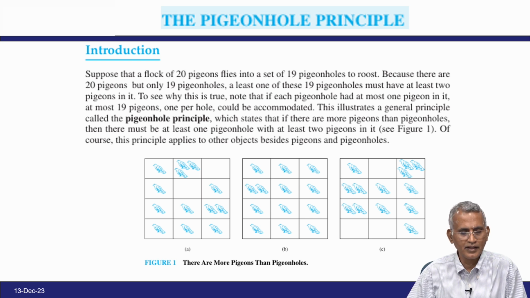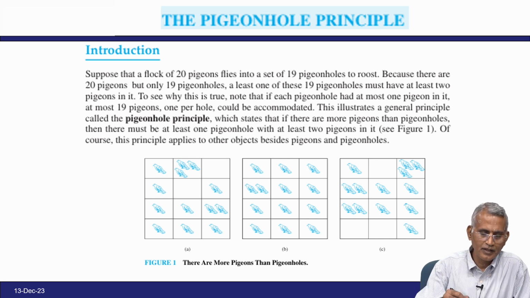Now, we illustrate the general principle, call it the pigeonhole principle, which states that if there are more pigeons than pigeonholes, then there must be at least one pigeonhole with at least 2 pigeons in it. See figure 1. It shows that sometimes a hole may have 3 pigeons, sometimes it has no pigeon, sometimes 2 pigeons, sometimes 1 pigeon in one hole.